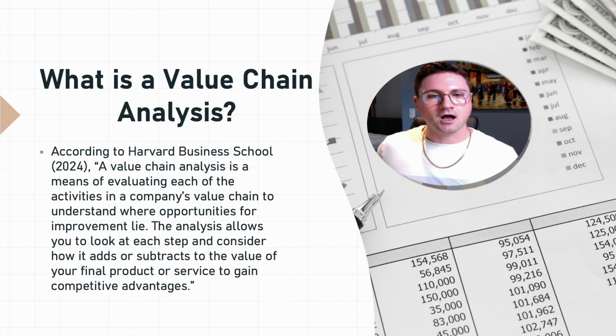The function of a value chain analysis, according to Harvard Business School, is a way to evaluate the activities in a company's value chain in order to understand where opportunities for improvement lie.